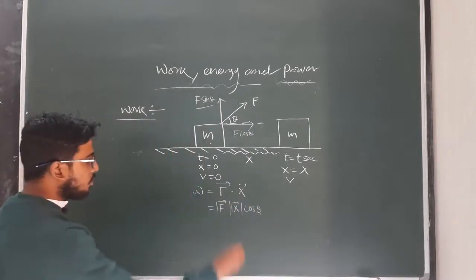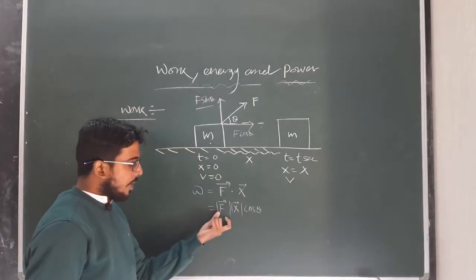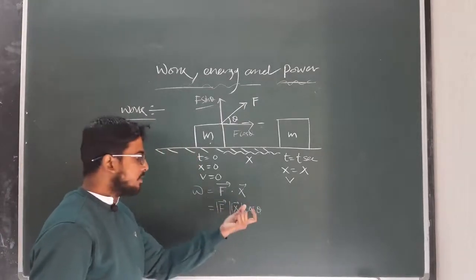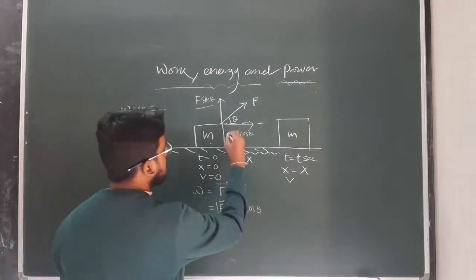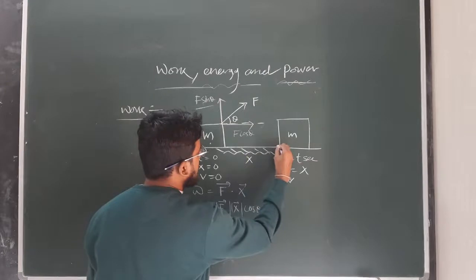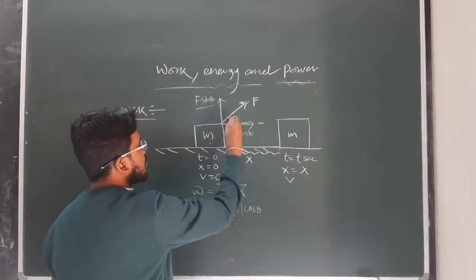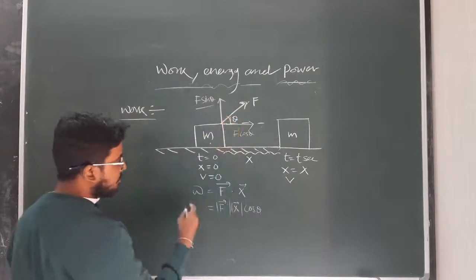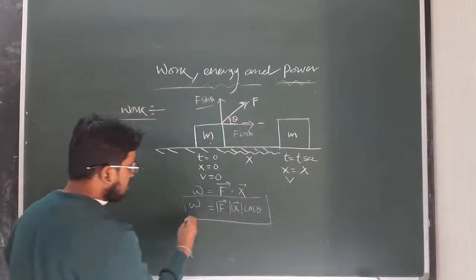Because we know the dot product of two vector quantities is the product of the magnitudes of both vectors and the cosine of the angle between them. Here this is the direction of displacement and this is the direction of applied force, and theta is the angle between them. So work done will be equal to how much? |F||x| cos theta.